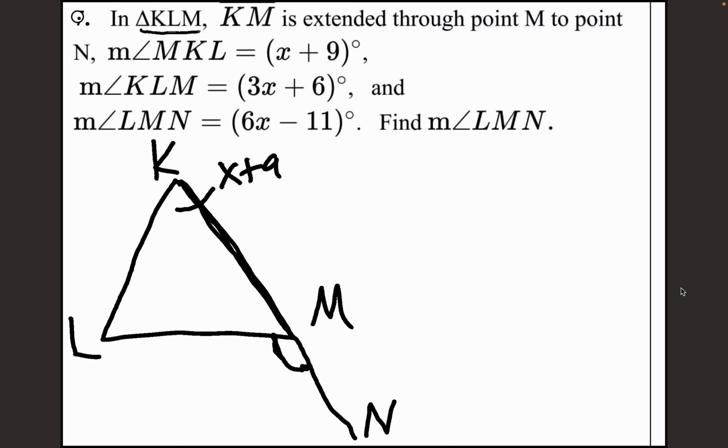What about KLM? L. I'm going to put it on the inside so I know. Now it says LMN. That's going to be our angle of M, but you got to pay attention because LMN, that's going to be our exterior angle right here. So it's going to be 6x minus 11.